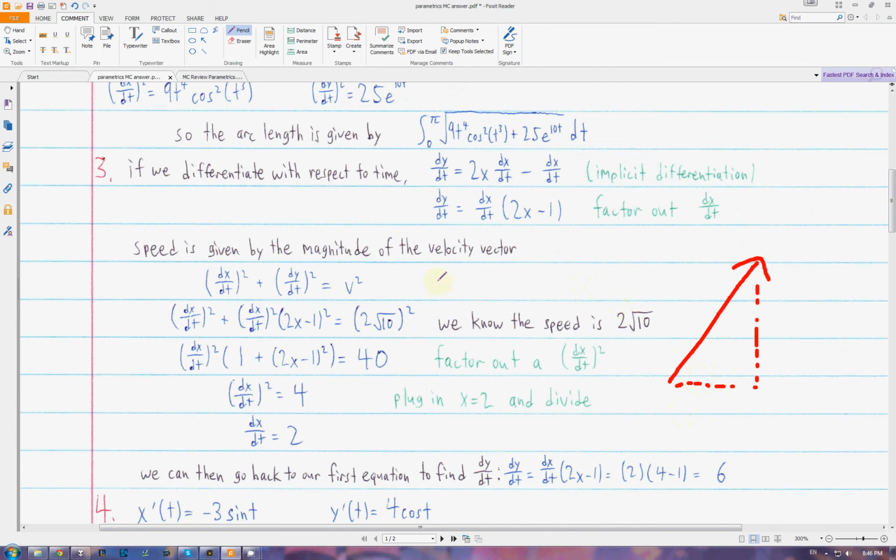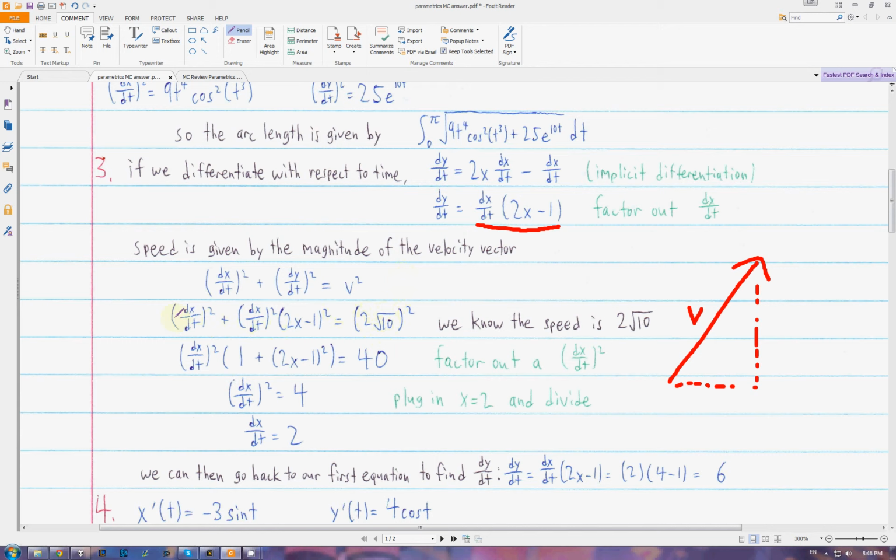So, the velocity squared is going to be equal to the x component of velocity squared plus the y component of velocity squared. So we get this equation, and from there we can replace dy/dt with this expression that we found earlier, and replace v, the velocity, with the value it gives us of 2 square root 10.